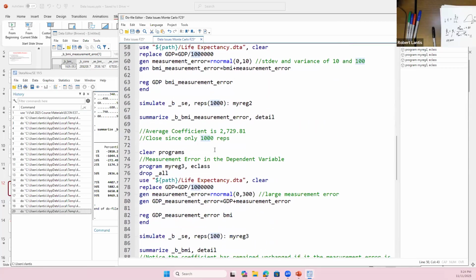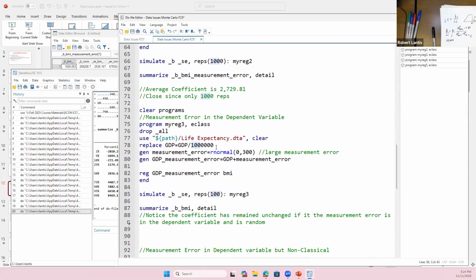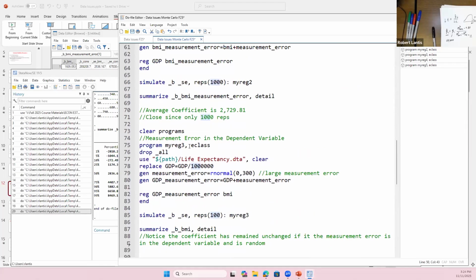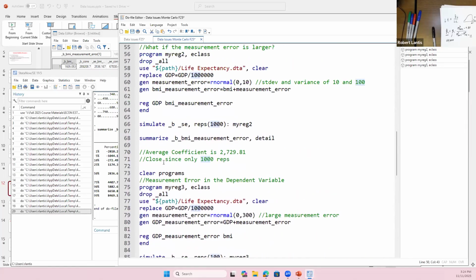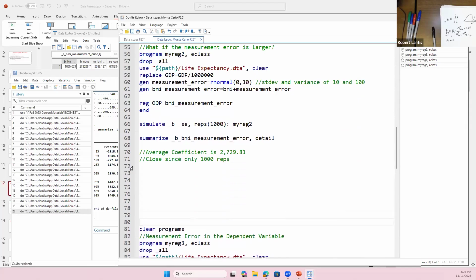So that I think is about what I want to get at here. I think next class we'll talk about measurement error and the dependent variable. So we'll stop here today, this Monte Carlo simulation file or Monte Carlo data issues file.